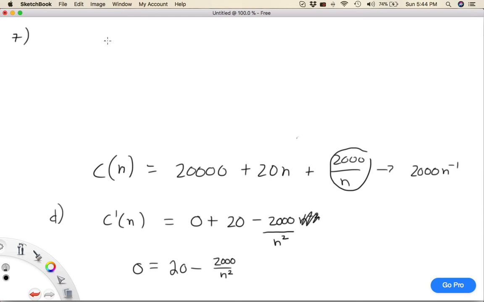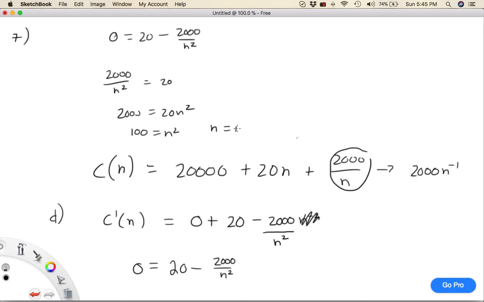So we get 0 equals 20 minus 2,000 over n squared, which turns into 2,000 over n squared equals 20. We can multiply both sides by n squared. We get 2,000 equals 20 n squared. We divide by 20. I think that's 100 equals n squared, which means n should be 10.